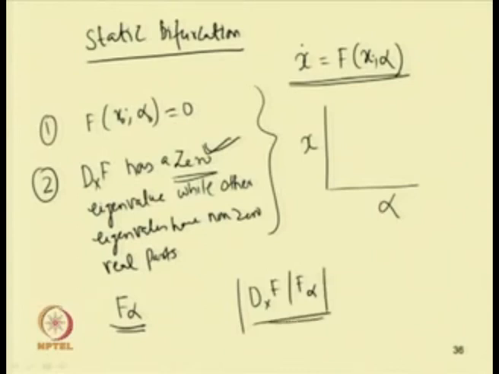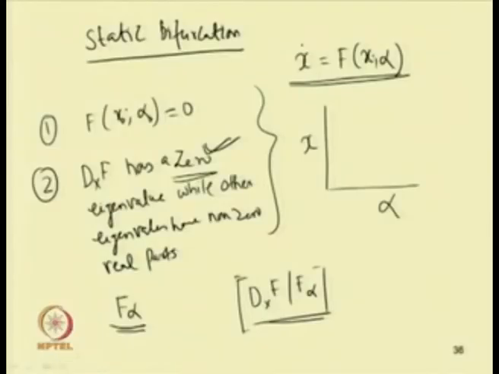If we construct this matrix, at the saddle node bifurcation point one can show that this holds. Let us take an example, then it will be clear.